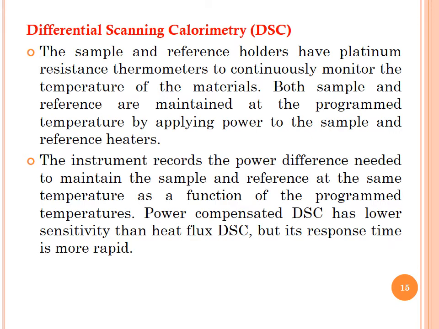Power compensated DSC has lower sensitivity than heat flux DSC, but its response time is more rapid. But in modern analysis, usually heat flux DSC is used because more sensitivity is required for the analysis in quality control labs.